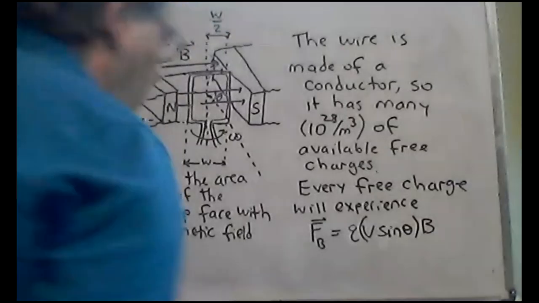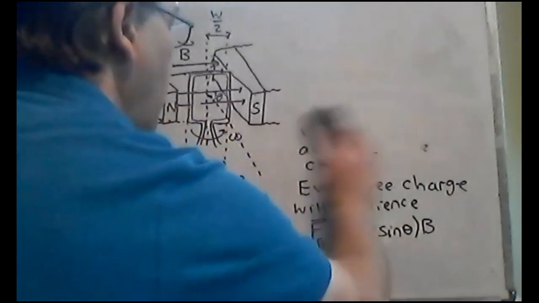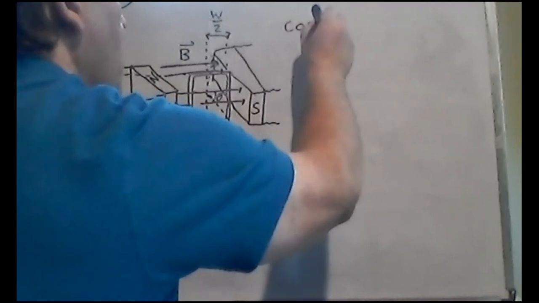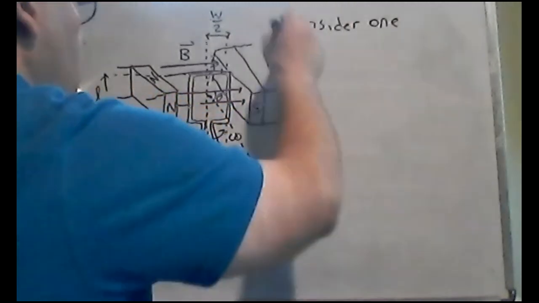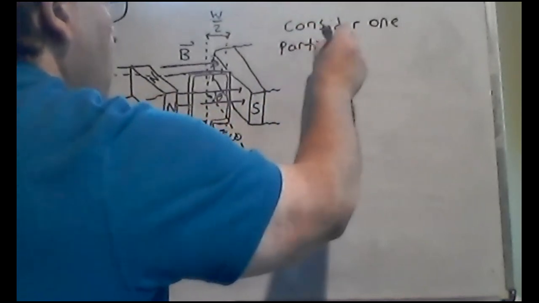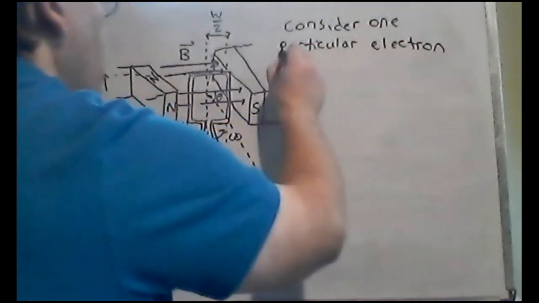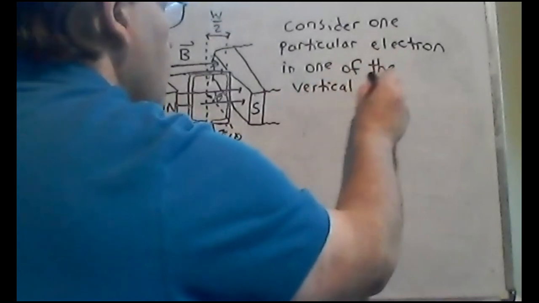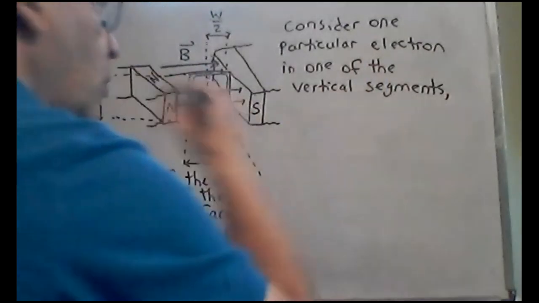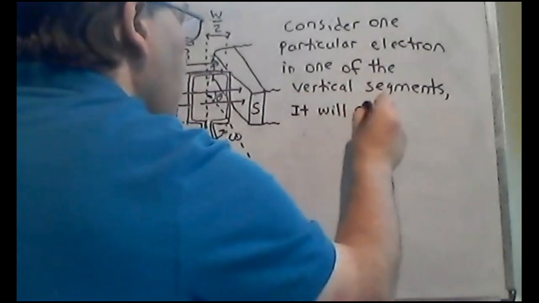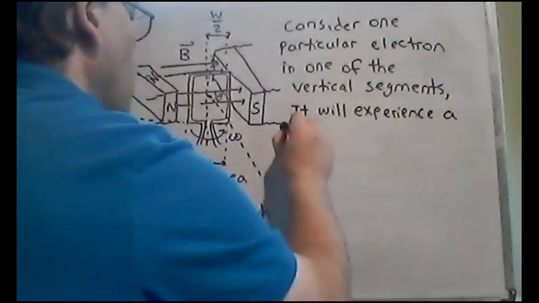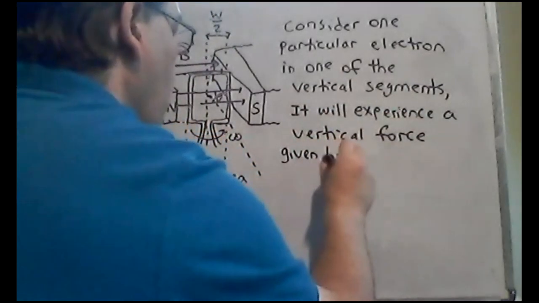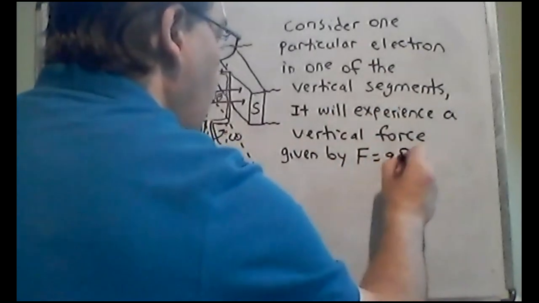Now, essentially what I'm going to say here is that in the vertical segments of this wire, if we consider one particular electron, any one of the many possible, in one of the vertical segments, it will experience a vertical force given by F equals QvB sine theta.